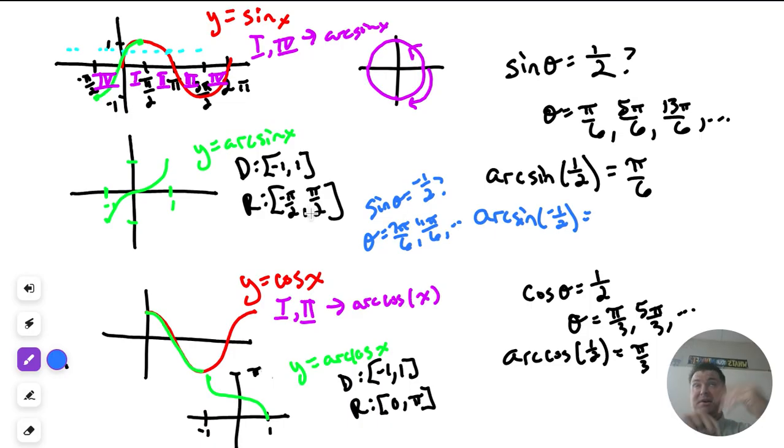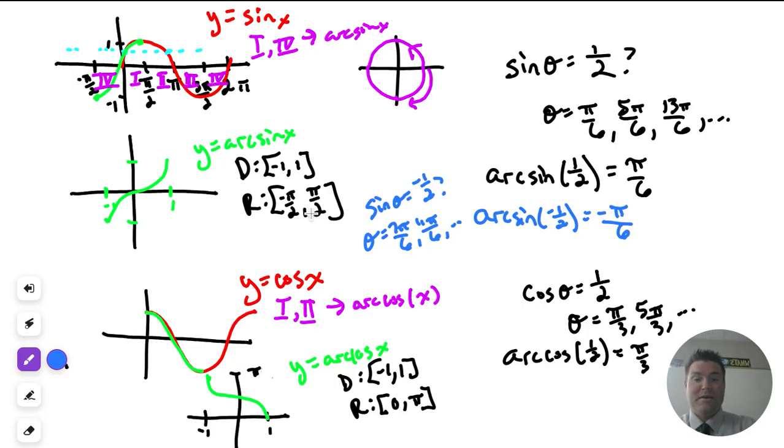Subtract the period. You're going to get? No, a period would be 2 pi, not pi. What do you get? -pi over 6. That makes sense. All right.